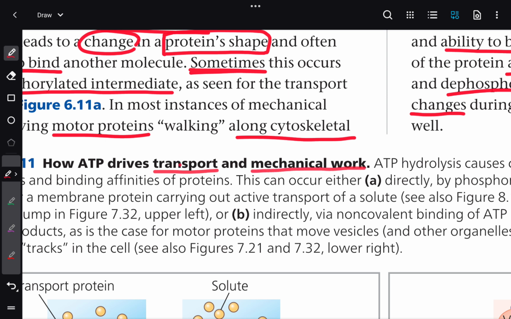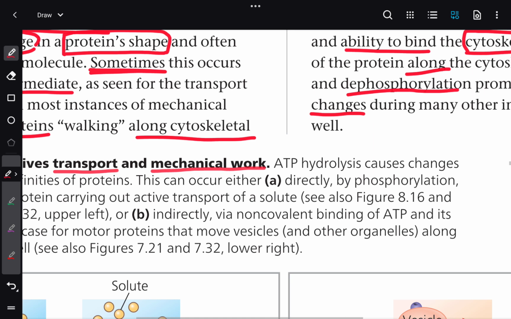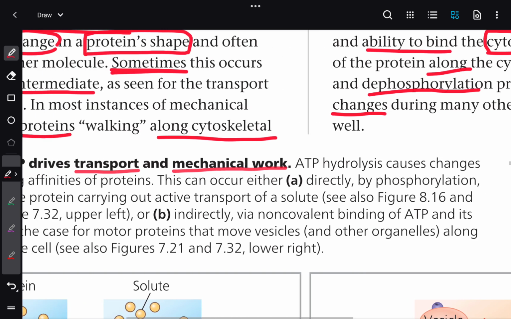Transport is moving one molecule from one spot to another against its spontaneous, or exergonic, pathway. Mechanical work is like muscle work or ciliary beating, whatever they called it.